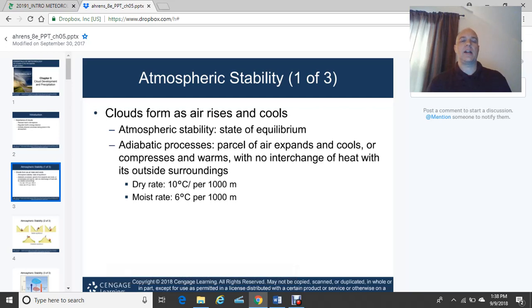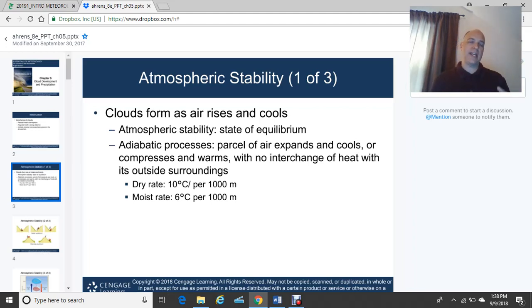As we move into the topic of atmospheric stability, clouds form as air rises and cools in the atmosphere. Atmospheric stability generally relates to a state of equilibrium. On a hot day with the sun shining, shortwave solar radiation hits the Earth's surface.